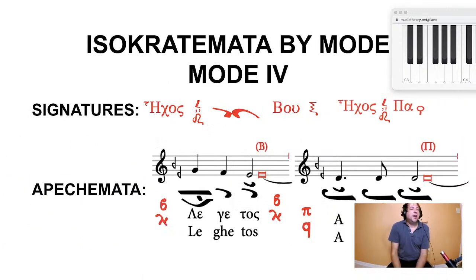And then now we have 2 flavors of mode 4, like we discussed before. This usually means 4, so mode 4. This symbol actually means go down 2 degrees. There's probably a better way to describe this, but this is just letting you know that it's being transposed to vou.